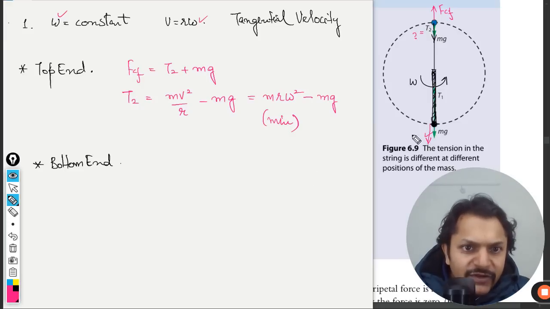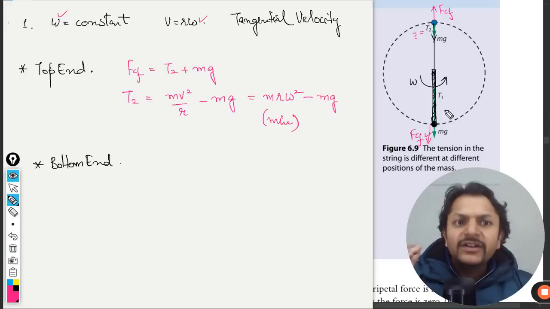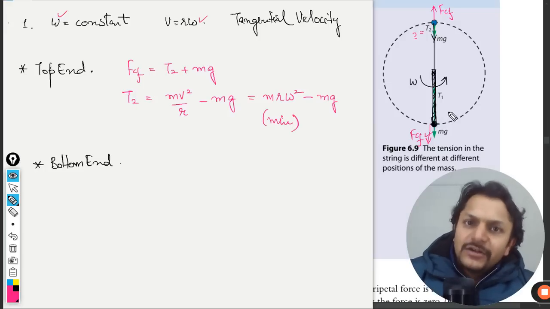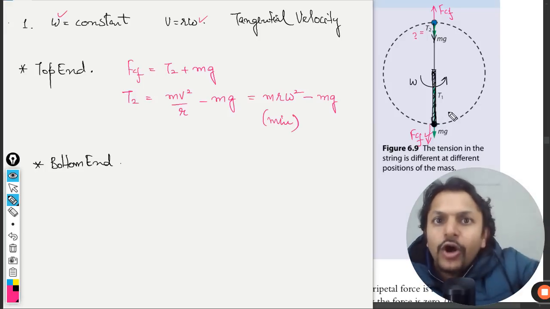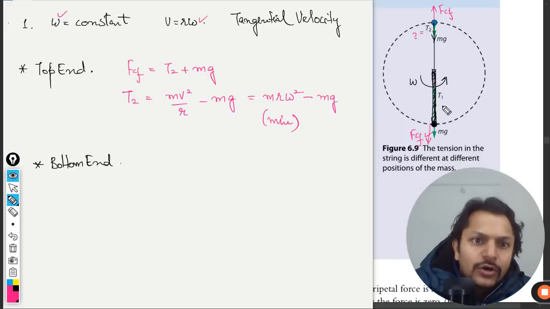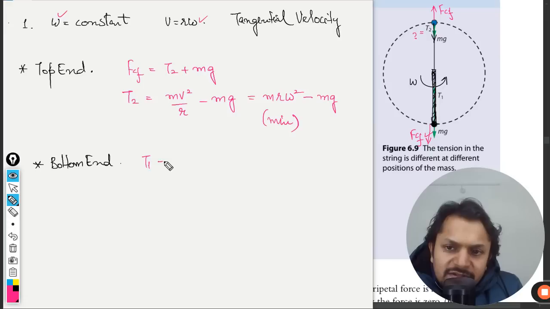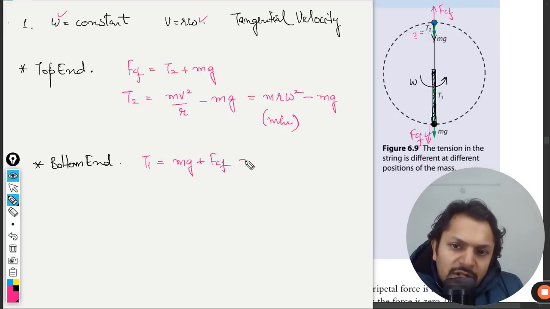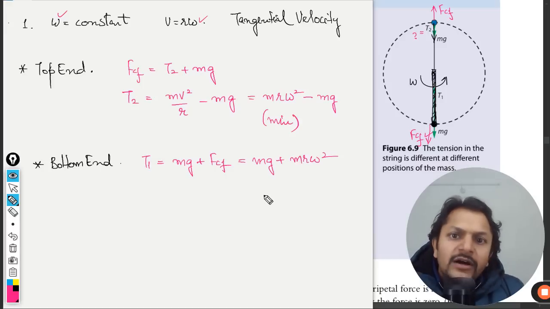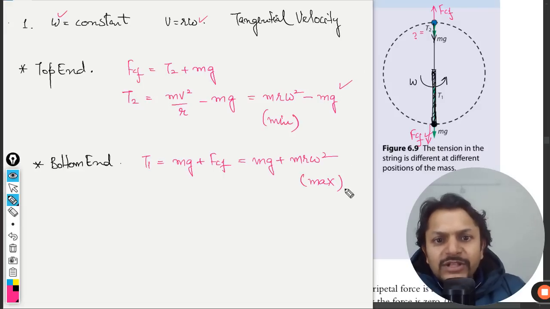So centrifugal will be this, and T1 will always be towards the center because it is the part of the rod. That is why, here, clearly, T1 is found to be equal to the sum of the weight and the centrifugal, which we can write as mg plus mr omega square. Clearly, this is going to be the max and this is going to be the minimum.